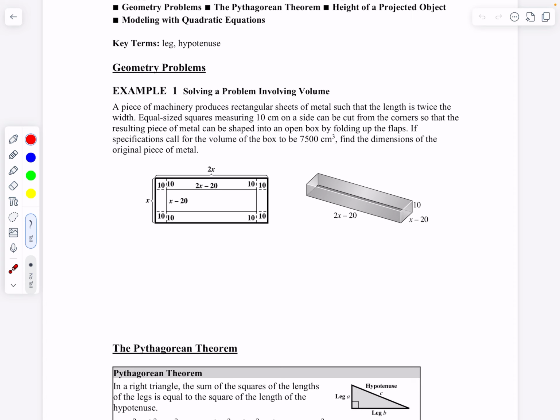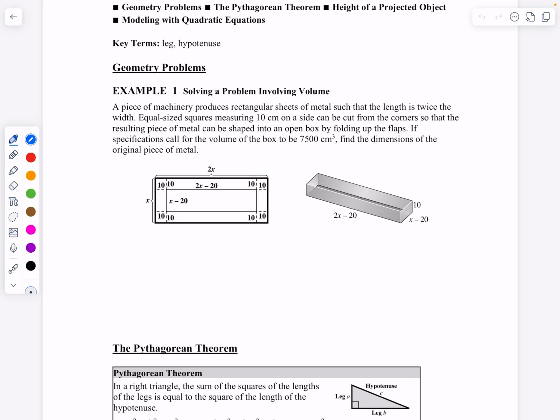She had a piece of machinery that produced rectangular sheets of metal, and the length is twice the width. You can see that my lab a lot of times will go ahead and label some of this for you. Then we are going to take equal size squares measuring 10 centimeters, and we are going to cut them from the corners.